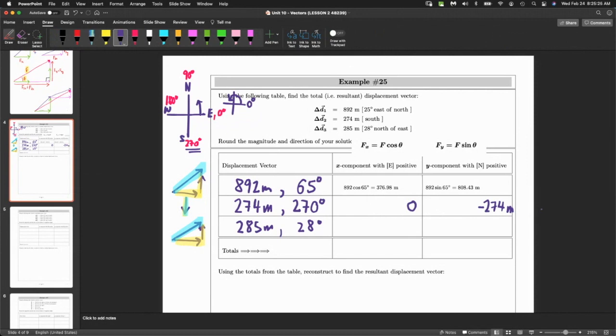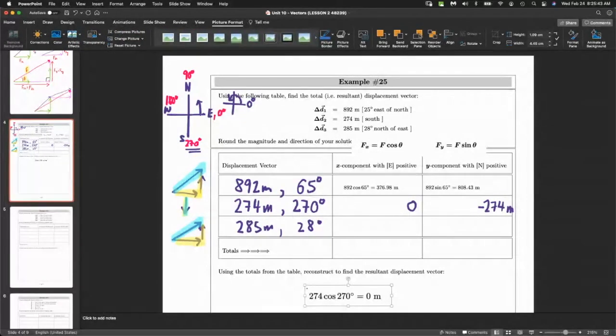But I want you to just humor me, because what I'm going to do now is show you the answer by using these numbers here. So if you did 274 cos of 270, do you still get 0? You actually do. You can check it on your calculator. 274 cos 270, that angle in standard position, is actually 0. So whether or not you were observant to the fact that this thing is not going to have an answer in the east direction, it's going to be 0, you still get 0 regardless of if you saw that or not.